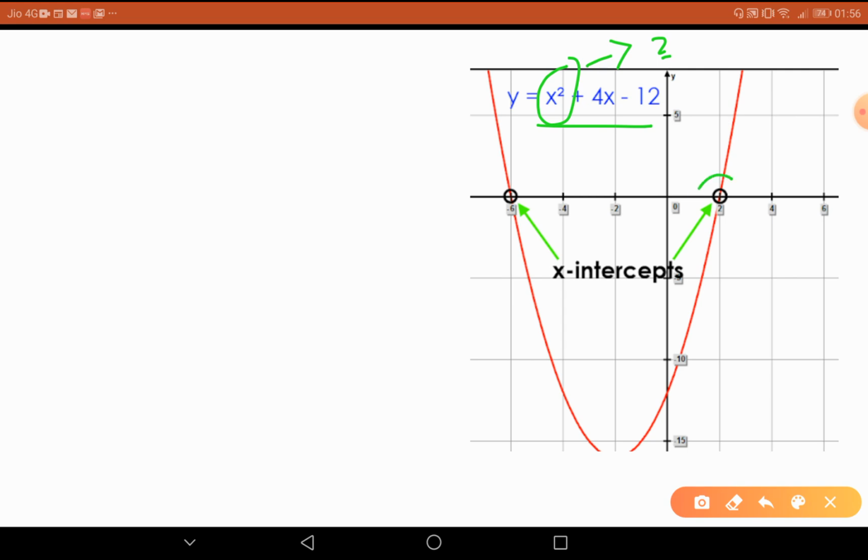The roots are nothing but the values at which y becomes 0. At the value 2, you can put 2 and the value will be 0. You can put -6, and the value will also be 0. You can try. This is a beautiful example of how it works.